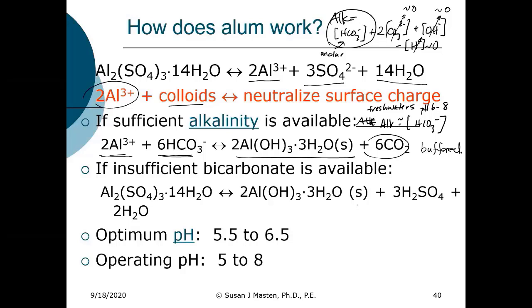If you have insufficient alkalinity, then what you produce is sulfuric acid, and you will have a significant decrease in the pH. So you'll have trouble controlling the pH of the system. And in a drinking water system, you don't want significant changes in the pH of your treated water because you end up with corrosion problems.